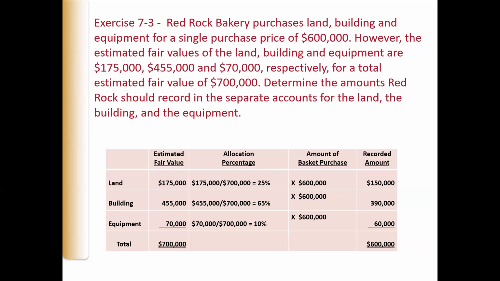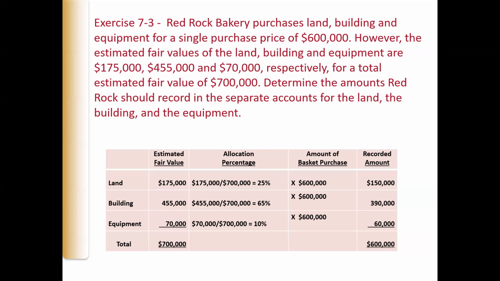Here you see the estimated fair values of the land is $175,000, the building is $455,000, and the equipment is $70,000, which totals $700,000. If you take the land proportion to the total of $700,000, you get the allocation percentage of 25%.